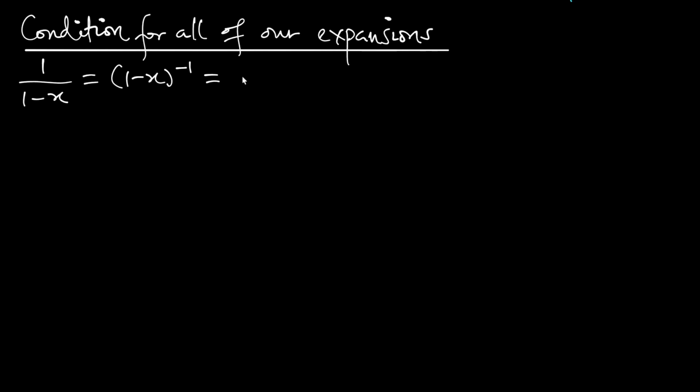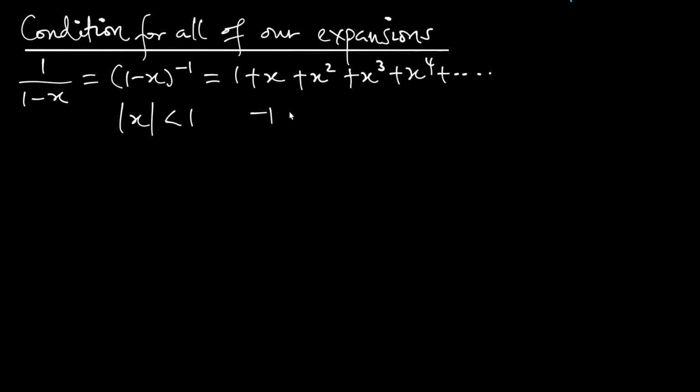And this, after our expansion, became 1 plus x squared plus x to the power of 3 plus x to the power of 4, etc. Now, this will only work if x is between negative 1 and 1. That is, the absolute value of x must be less than 1. Or we can say negative 1 less than x less than 1.